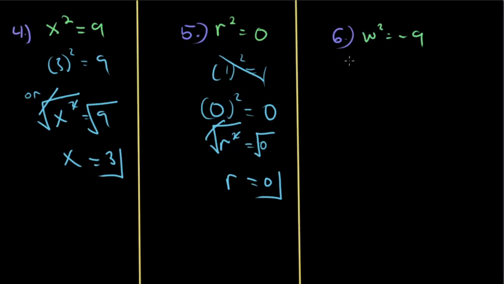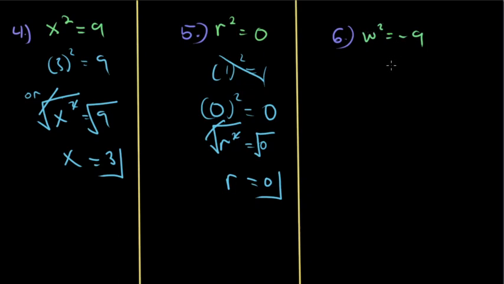In our sixth example, we have that w squared equals negative 9. Basically, it's asking for a number that if you multiply to itself, will be negative 9.